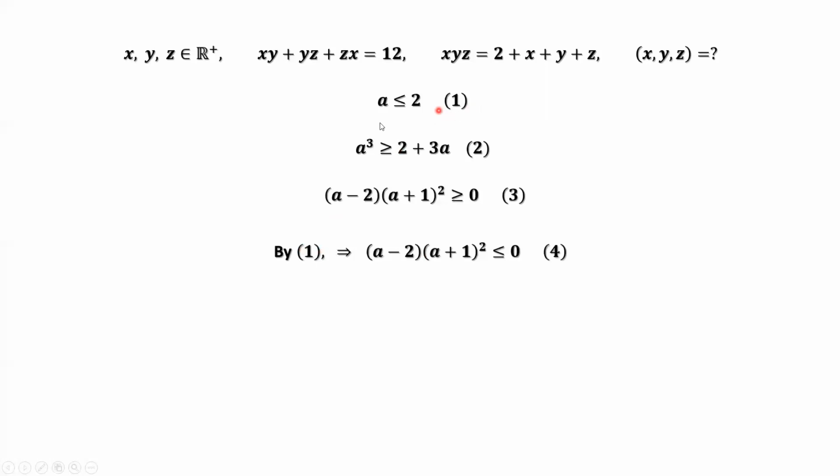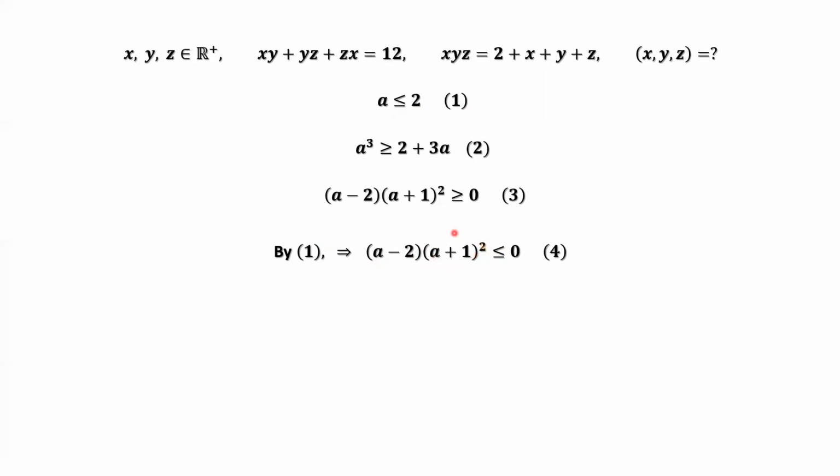By result 1, we have a minus 2 times a plus 1 squared is less than or equal to 0. Why? Because a is less than or equal to 2, therefore a minus 2 is less than or equal to 0. The second part is a plus 1 squared.